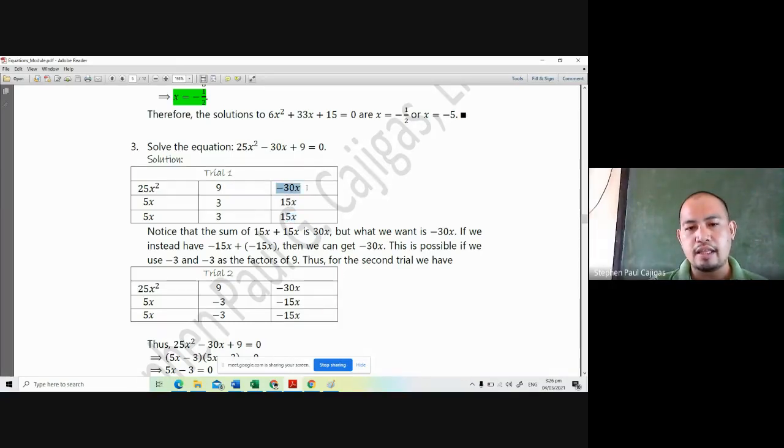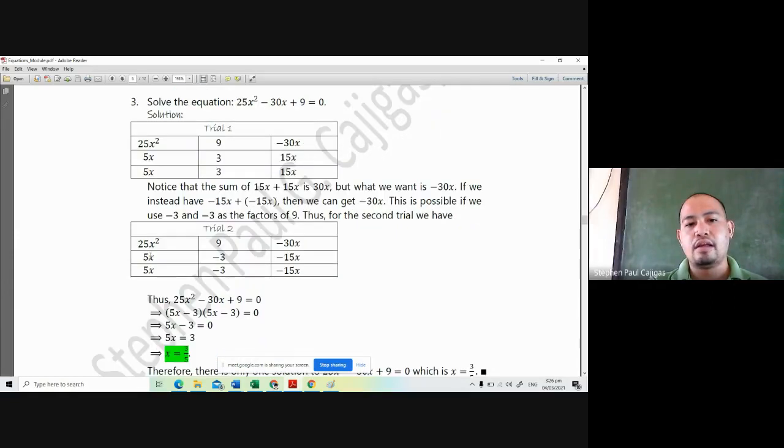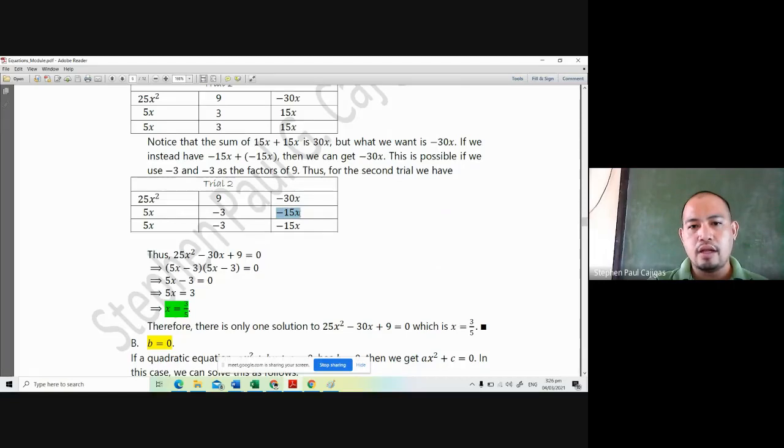But we want negative. So for it to become negative 30x, I want to add negative 15x and negative 15x. That is possible if the factors are negative 3 and negative 3. Negative 3 and negative 3 can be the factors because negative 3 times negative 3 is still positive 9. So when I put that here, it works. So I get negative 15x, which will give me negative 30x when added.